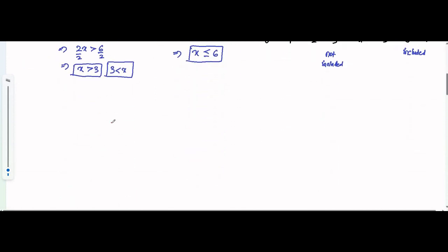Q is represented as x with minus 1 lesser than equal to 3 plus 4x lesser than 23, with x belonging to the set of integers.